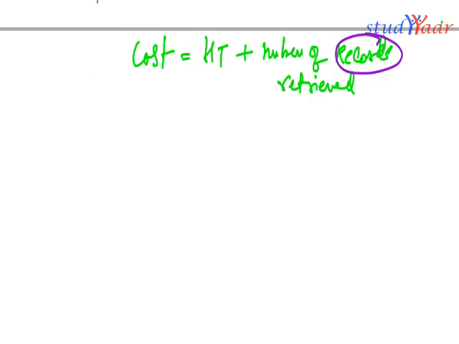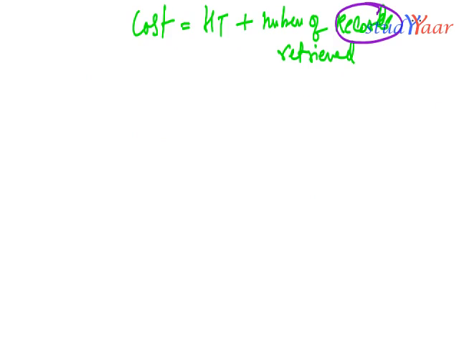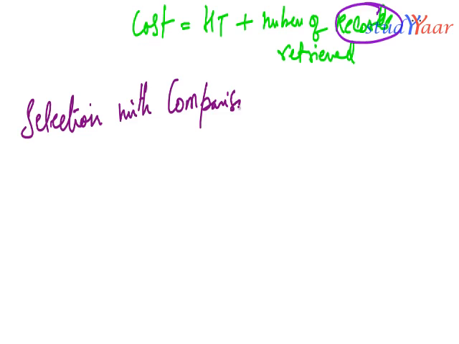Now we are going to look at algorithms in which we have a comparison condition. I'm going to write over here selection with comparisons. What could be comparisons?